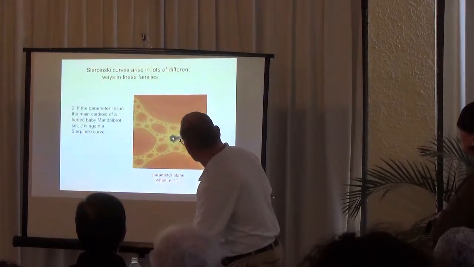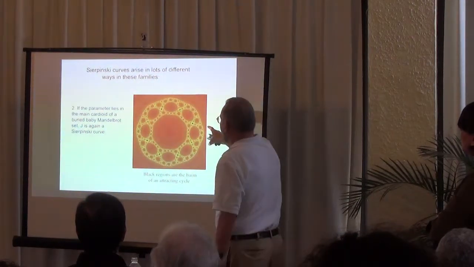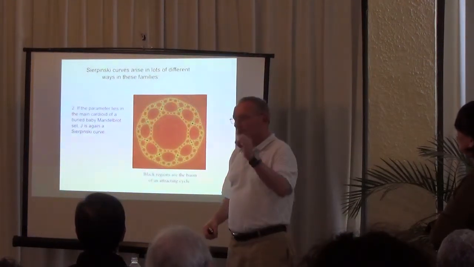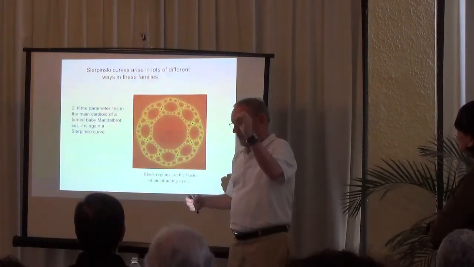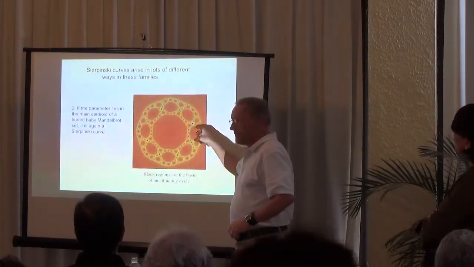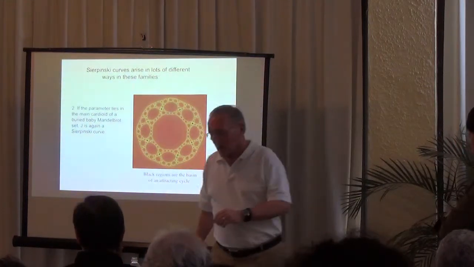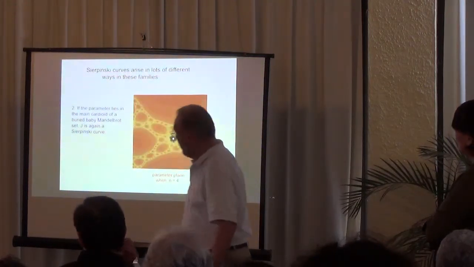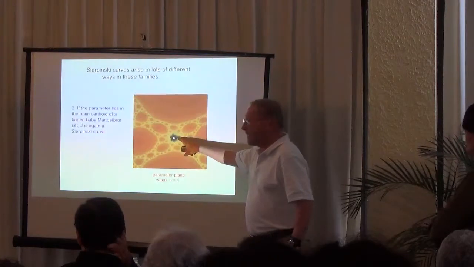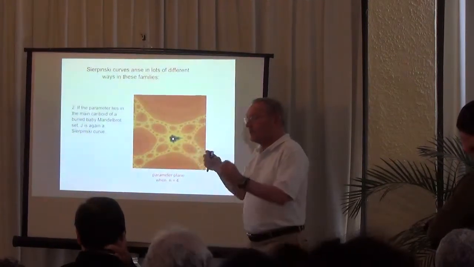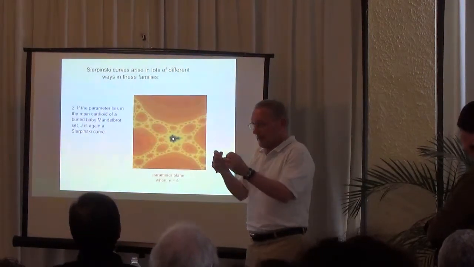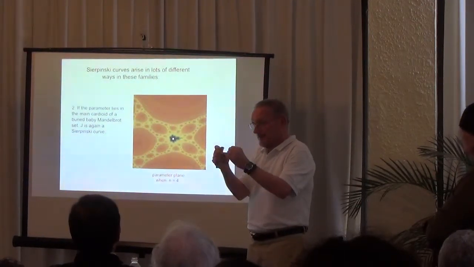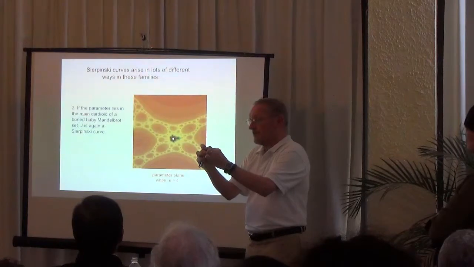Because remember, if you've got an attractive fixed point or a periodic point, whose boundaries are simple closed curves. But if I chose a point in there, you'd see a quadratic-like Julia set, which is the basilica. The Fatou set is infinitely many pieces that touch each other.